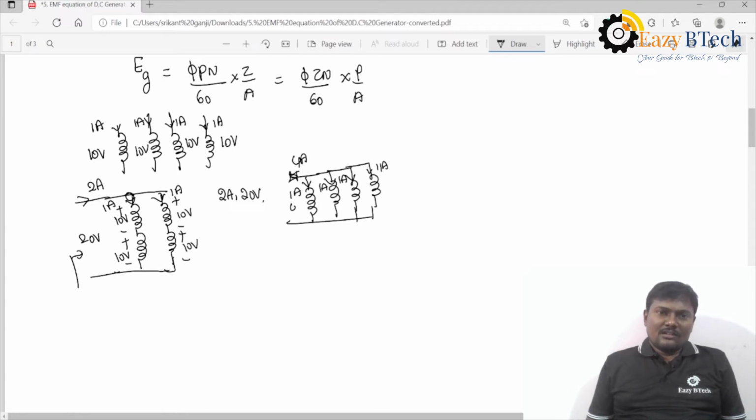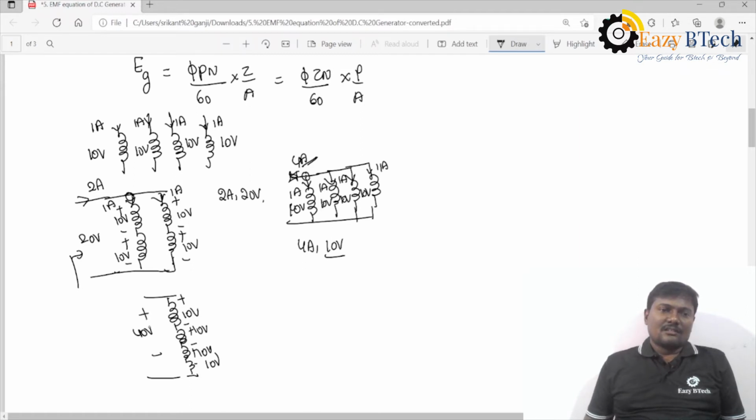If you apply KCL at this node, the current is 4 amperes and the voltage is only 10 volts. If I connect all the coils in series, the voltage across the series combination is 40 volts.